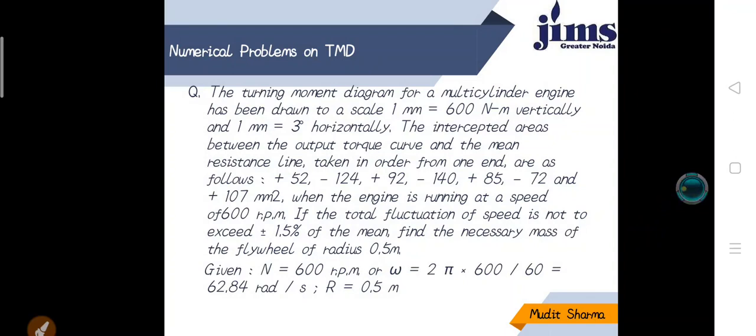That means the value omega 1 minus omega 2 is equal to 3% of omega.